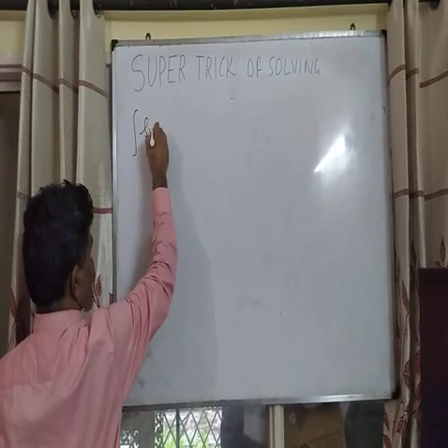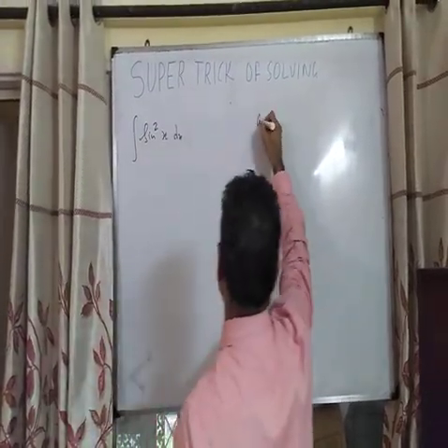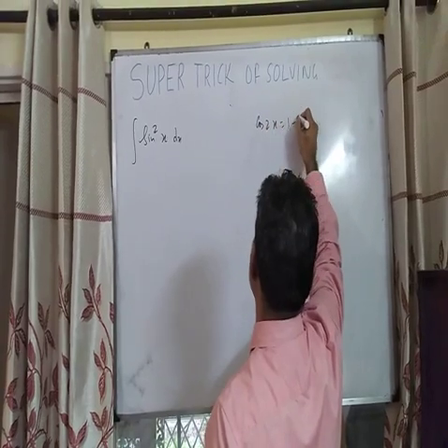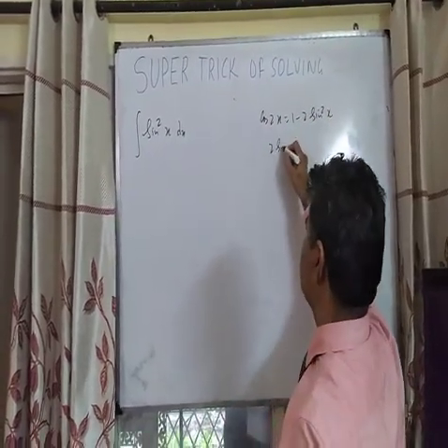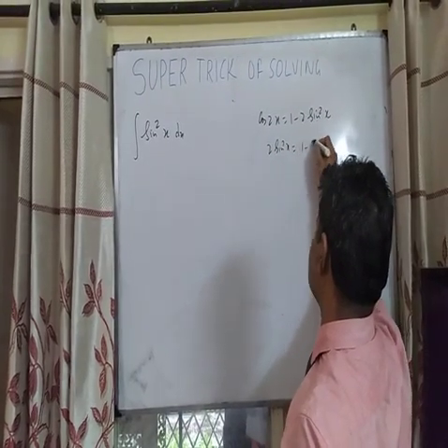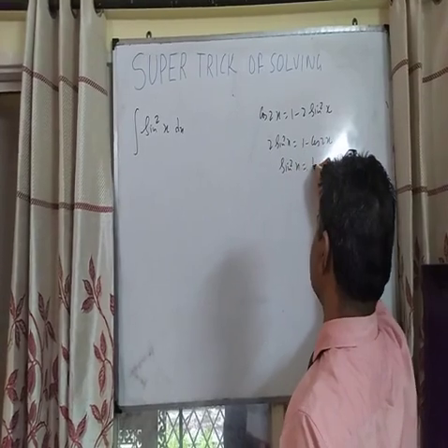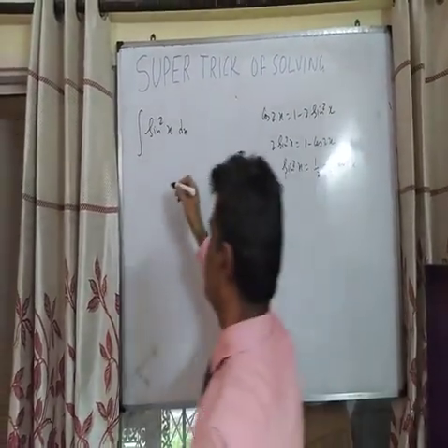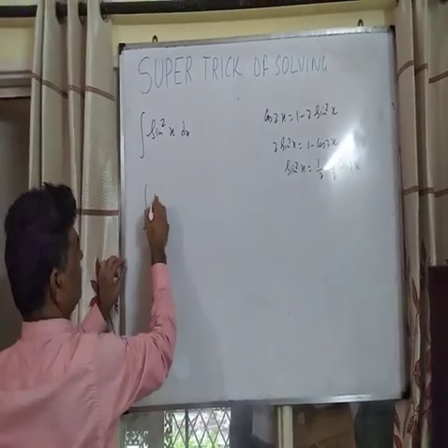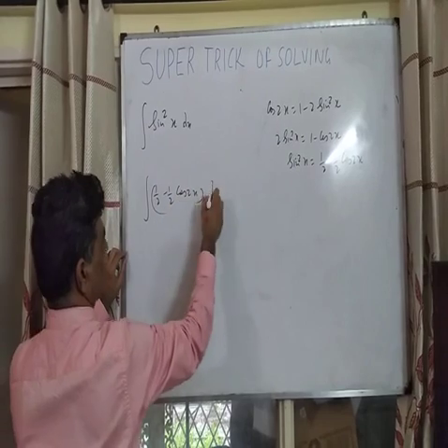Say it is sin square x dx. So you know the formula cos 2x is equal to 1 minus twice sin square x. So 2 sin square x can be written as 1 minus cos 2x. So sin square x can be written as 1 by 2 minus 1 by 2 cos 2x. So put it here: 1 by 2 minus 1 by 2 cos 2x dx.